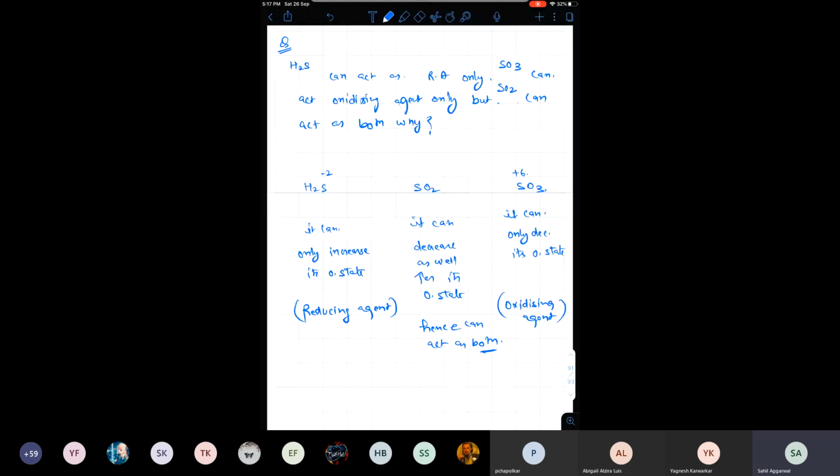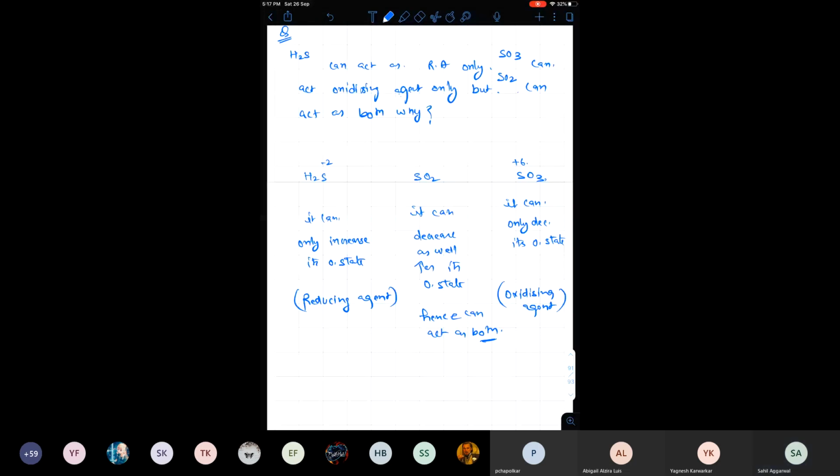Understood? This question we have done in redox chapter also. This question was there in redox chapter as well. Done?